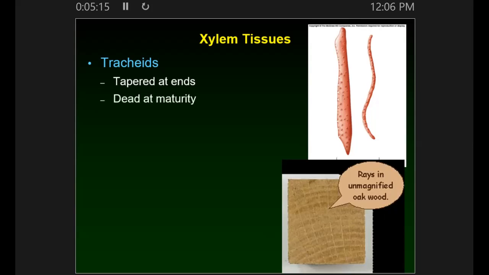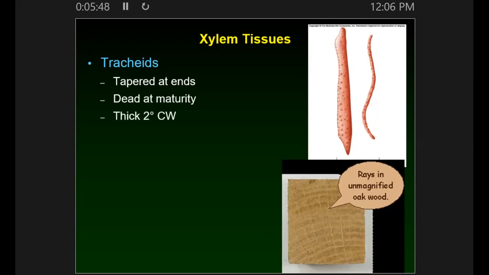They tend to be more tapered at the ends as well. But again, it's the same basic idea. They stack end to end to end, and you have to imagine that going all the way from the roots up into the veins of the leaf. So it is a continuous system of all of these xylem cells, whether they be vessels or tracheids. Dead at maturity again, so that means they have a pretty thick secondary cell wall.